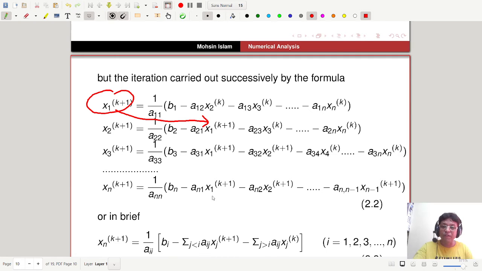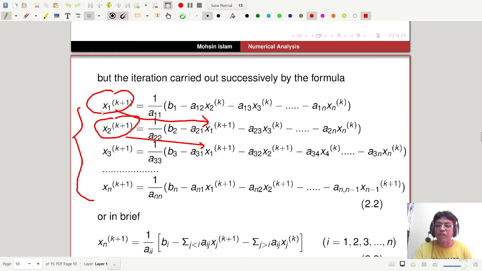You can use the improved value of x1 k plus 1 in the next equation, and you can use the x2 k plus 1 as well in the following equation. So in the first iteration, you can use the improved values of the variables in the successive equations. This is the difference between Gauss Jacobi and Gauss-Seidel iteration.